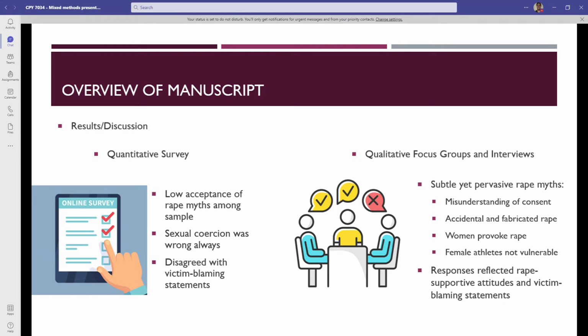So, for the results of this manuscript, in the quantitative survey, they found that participants recorded a very low acceptance of rape myths among their sample, such as stating things like sexual coercion was always wrong.